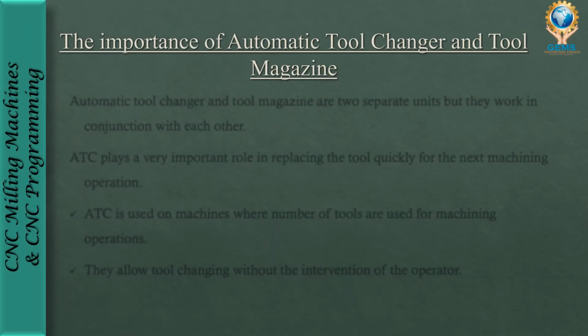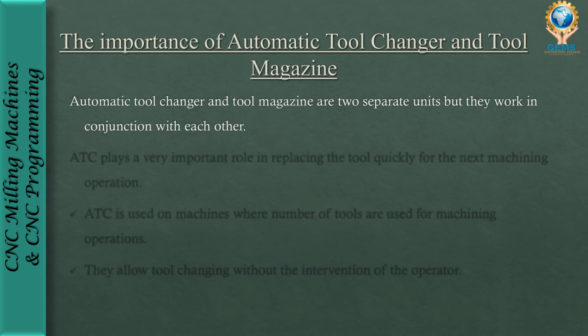Now comes the importance of the automatic tool changer and tool magazine. The automatic tool changer and tool magazine are two separate units, but they work in conjunction with each other. The automatic tool changer is a control device, which is used to unload the tool from the spindle and load it in the magazine, and take the tool from the magazine and load it in the spindle.